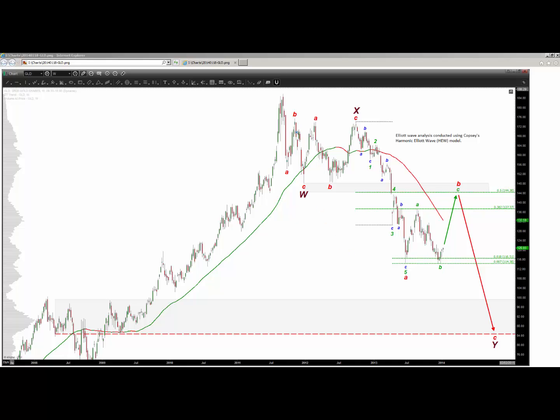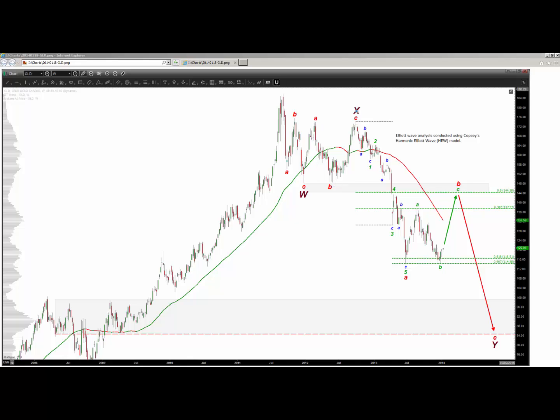So this bear market that gold embarked on starting in late 2011 began with a simple ABC, which I labeled wave W. It was followed by a sideways movement, which I labeled wave X. The sideways movement reclaimed part of the losses and also unfolded not just in time but in price.